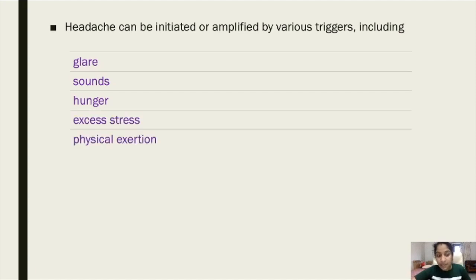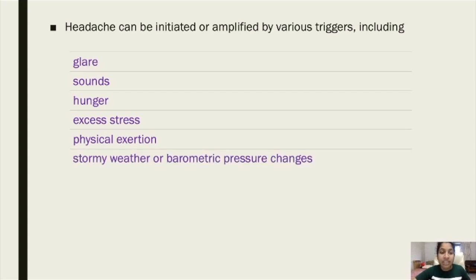Excess stress or physical exertion, stormy weather or barometric pressure changes. Barotrauma means that if you go to higher altitudes in a flight, you get a blocked feeling in the ears. That high altitude pressure change can also trigger migraine.